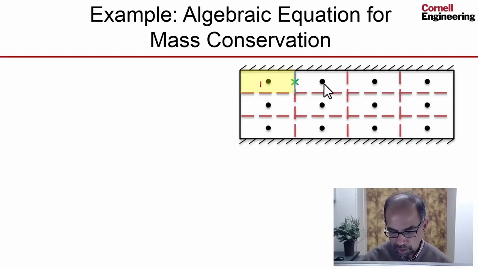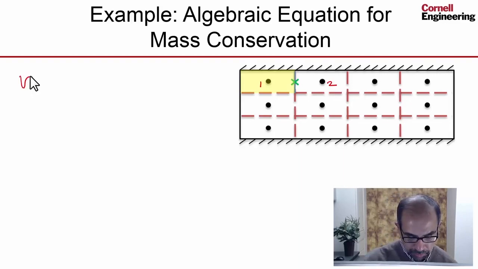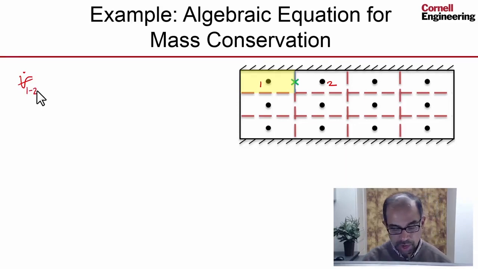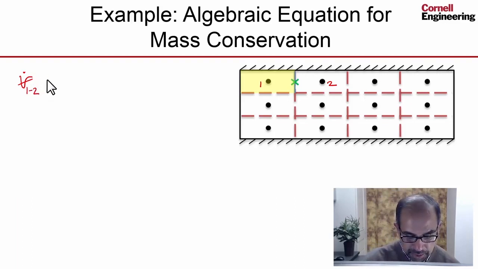Let me say that's cell 1 and that's cell 2. So the volume flow rate, that's a volume of flow and that's a rate, so that's per unit time, for the face that's between cell 1 and 2. I'm using this symbol for volume to distinguish it from V for velocity so that you don't get confused between V for velocity and V for volume. That's equal to the velocity at the green cross, which I will denote as u1-2.